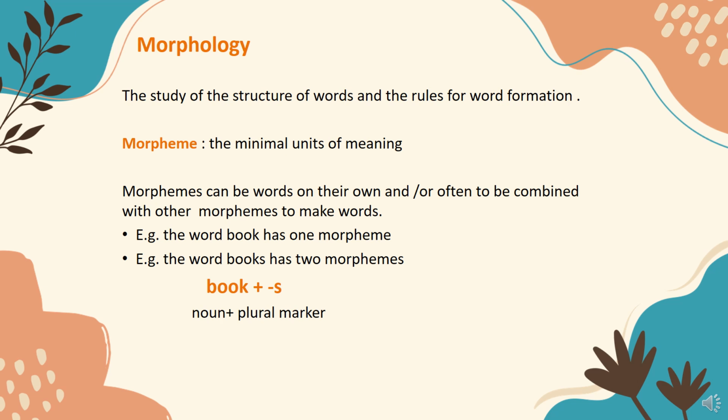So we put here two morphemes, so it gives the meaning of a plural, that we have more than one book. You can also put booking and make it a verb. You can also put more than one morpheme to make the word change its grammatical category.